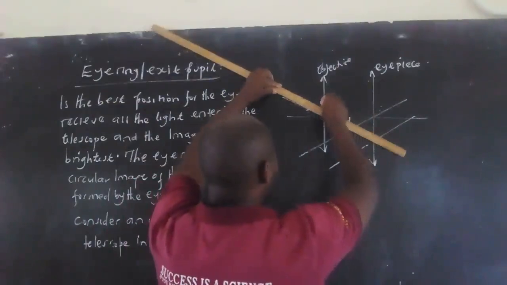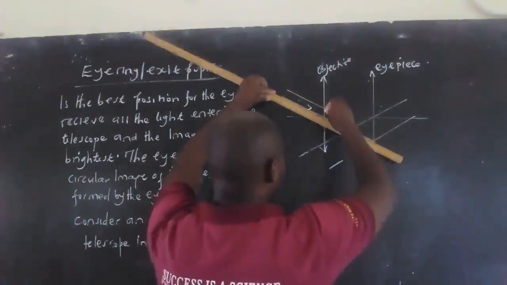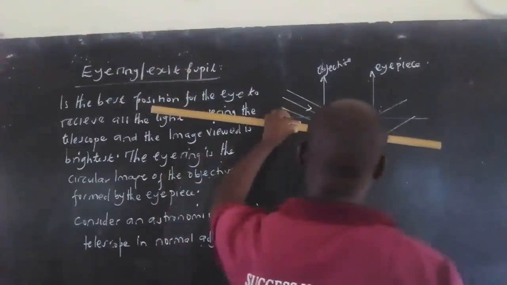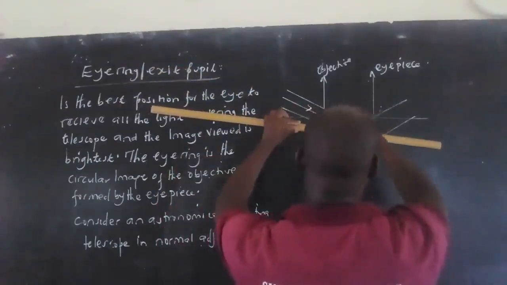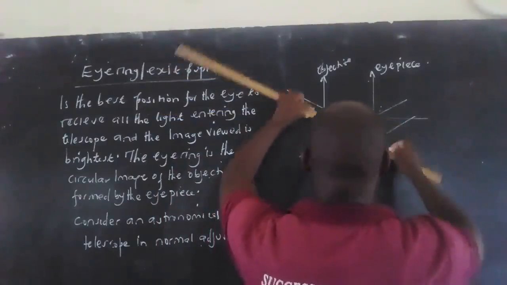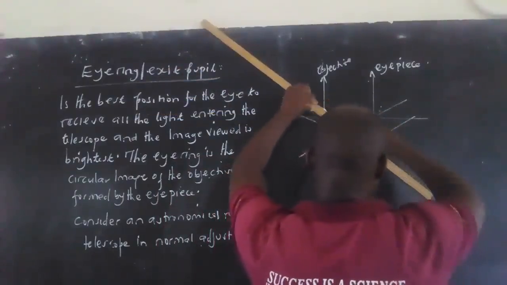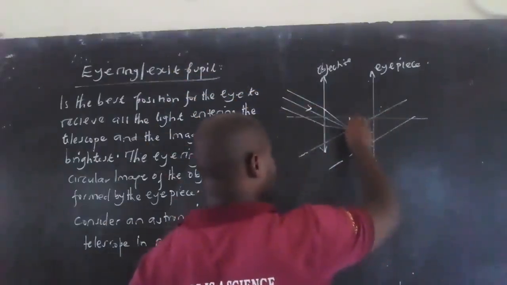Then we complete the diagram with arrows, like that.